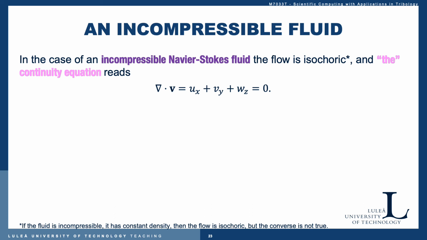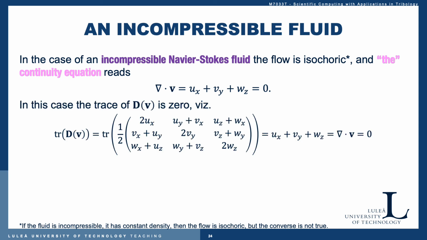And then we have a constitutive relationship between pressure and density. However, if the flow is isochoric, does not mean that it has constant density. So the converse is not true. If the fluid is incompressible, it has constant density and the flow is isochoric. But the flow is isochoric only means that the divergence of the velocity is 0, not necessarily that the density is constant.